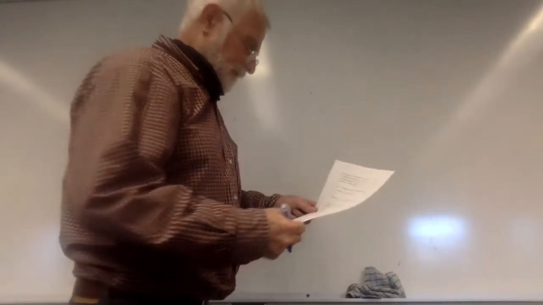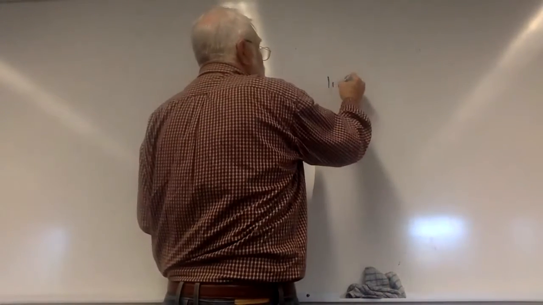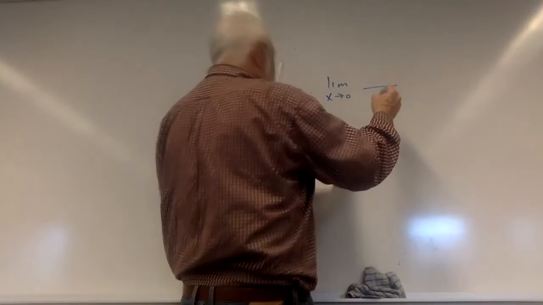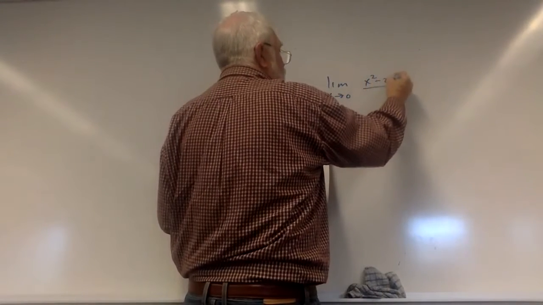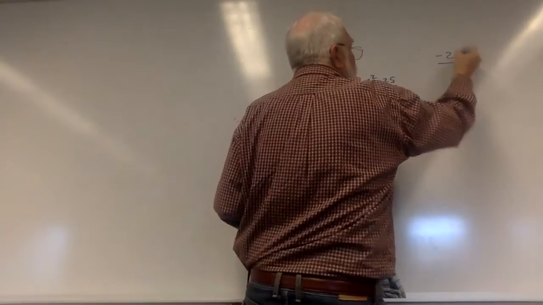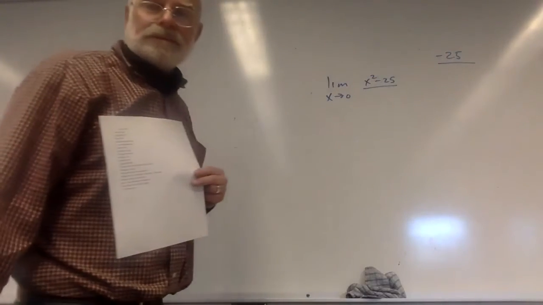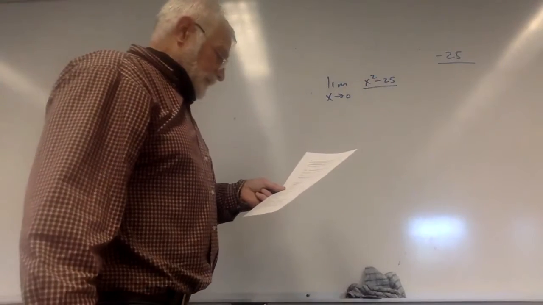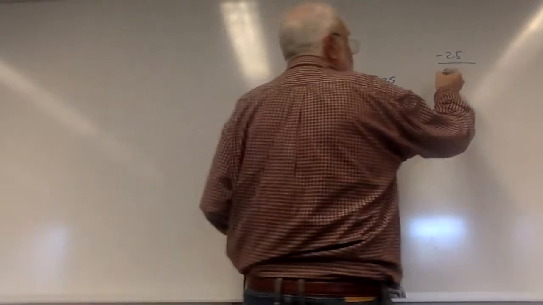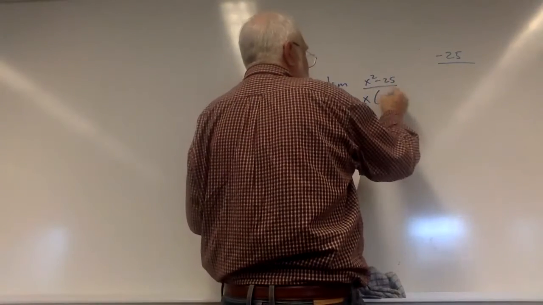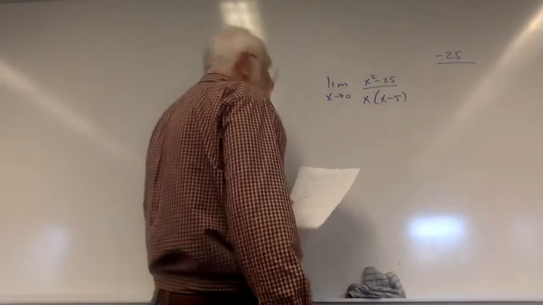Okay, the limit as x goes to 0 of (x squared minus 25) over (x times (x minus 5)). Well, I know as x goes to 0, that's pretty much the size of my numerator. I'm going to factor that denominator.